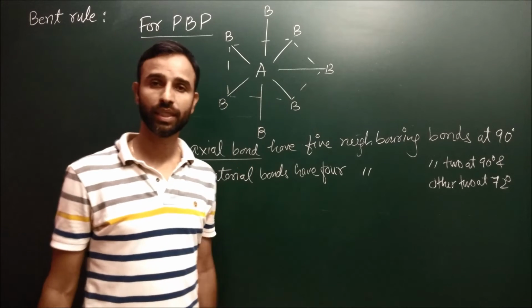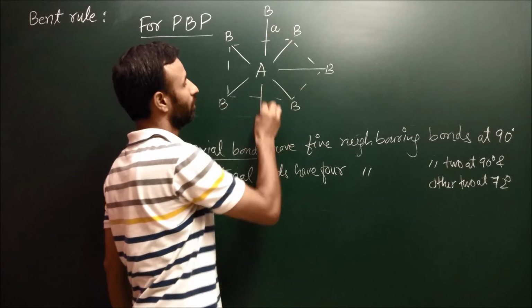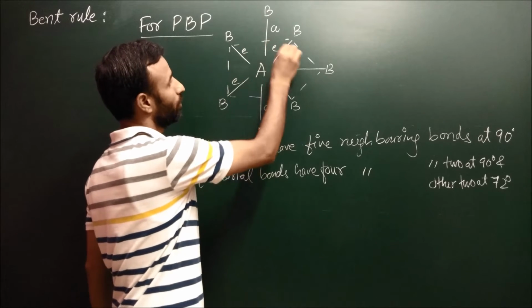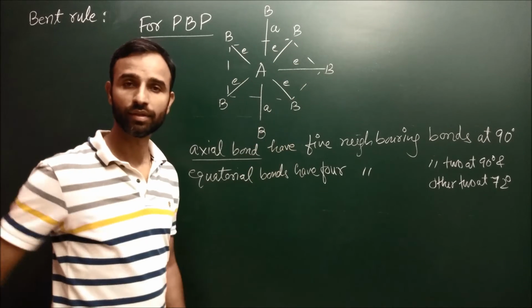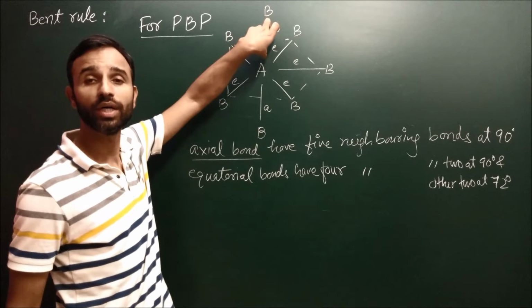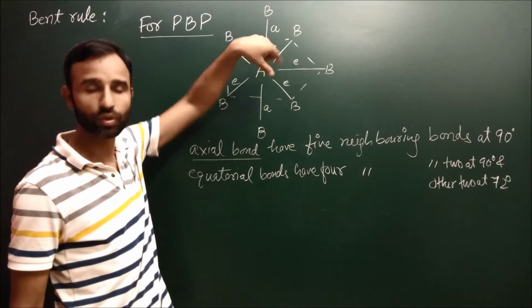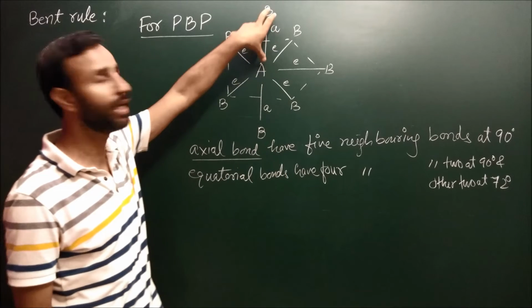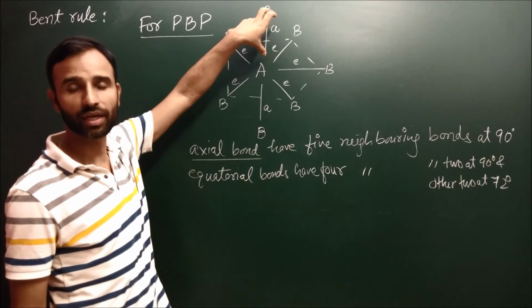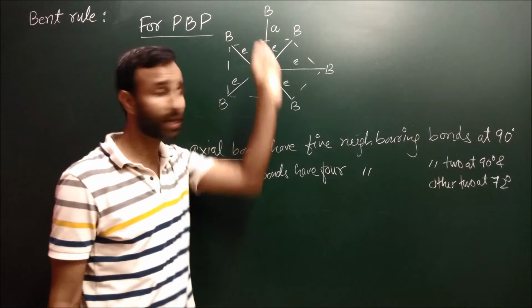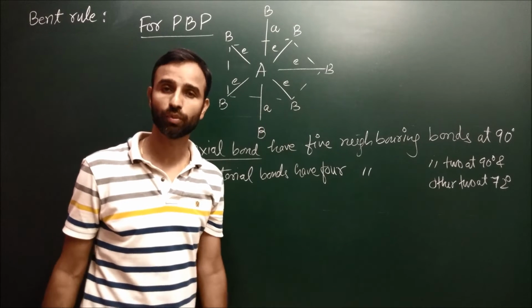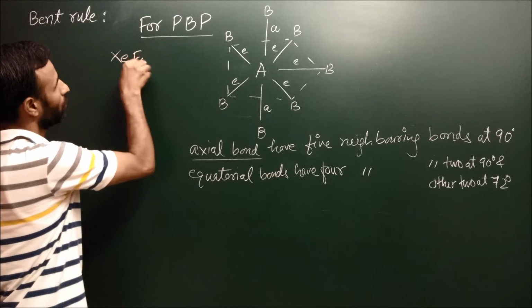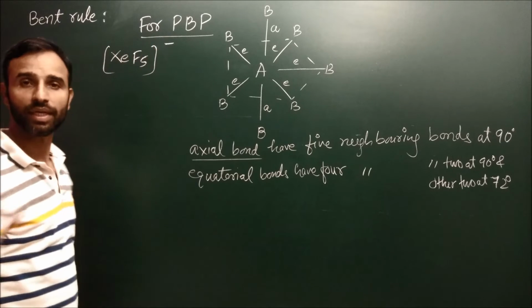So that means axial orbital occupy more space than the equatorial orbitals. That means axial orbital has more S character. So if there are lone pairs, they will prefer to occupy axial positions in pentagonal bipyramidal geometry, and that will explain the structure of XeF5 negative.